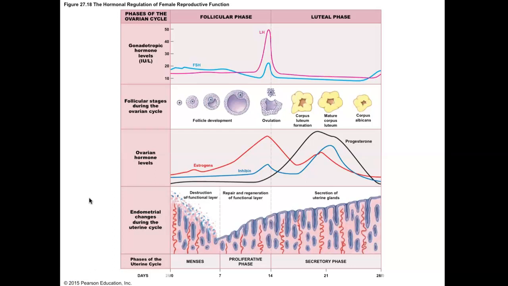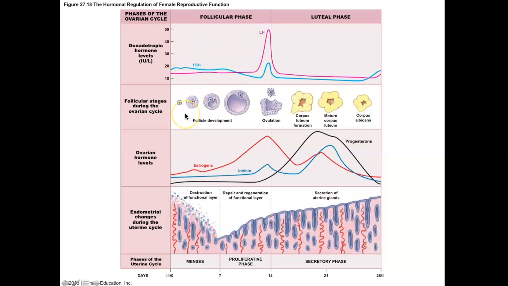Okay, so let's take a look at this image now. This is a little bit later on in the PowerPoint, but this shows the phases of the female reproductive cycle. It looks at the hormone levels coming from your brain, the follicle stimulating hormone and luteinizing hormone.